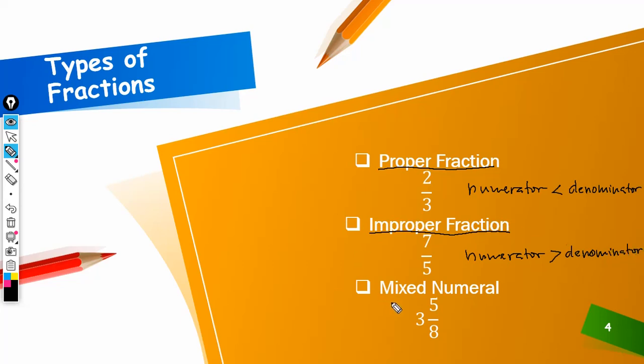The third one is called mixed numeral or mixed fraction. This is called mixed because it's a combination between a whole number, or integer, integer is bilangan bulat, and a fraction.